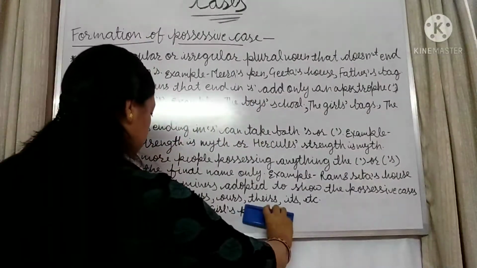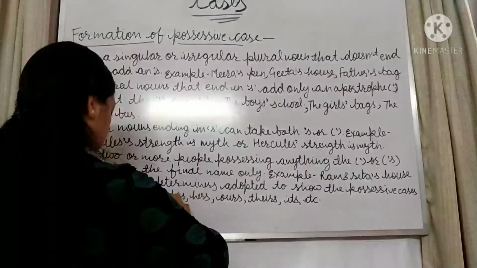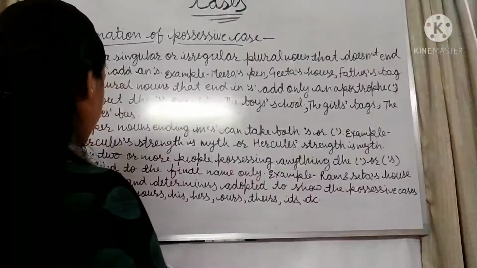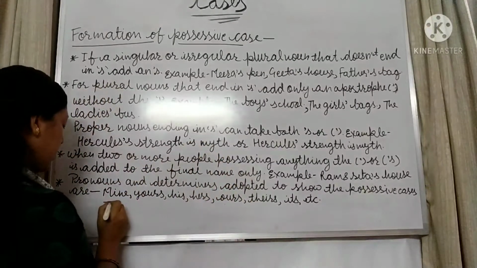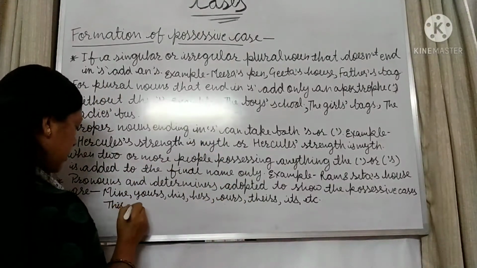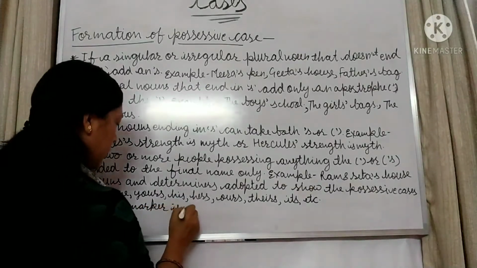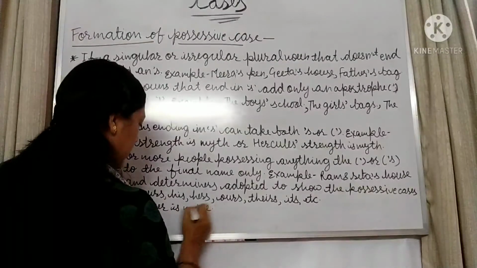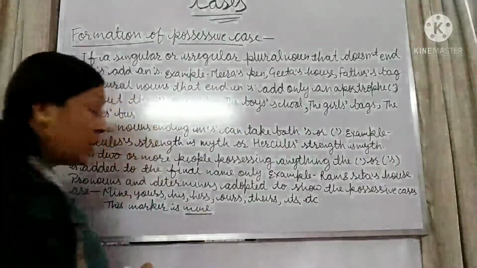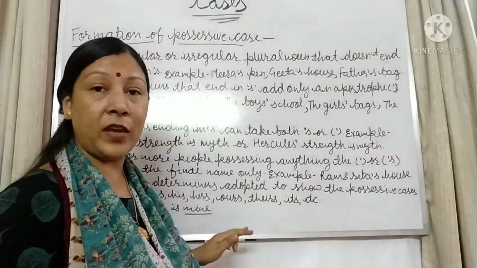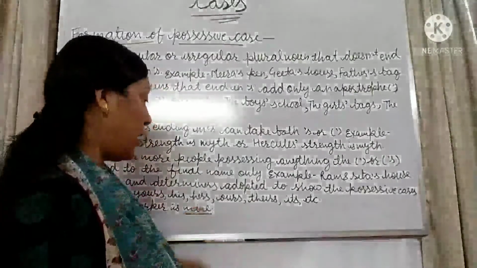For example, this marker is mine. So mine is what? A pronoun. And here this is the possessive case. So this is mine.